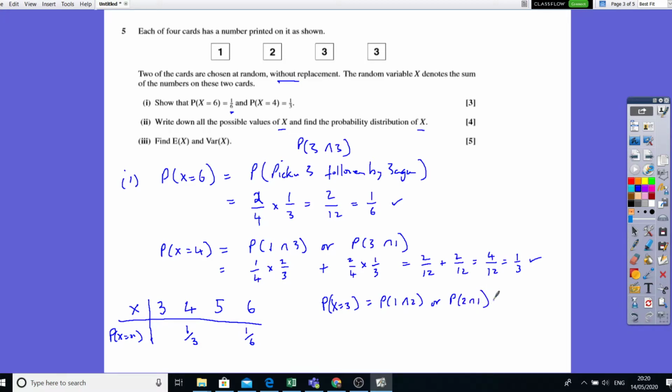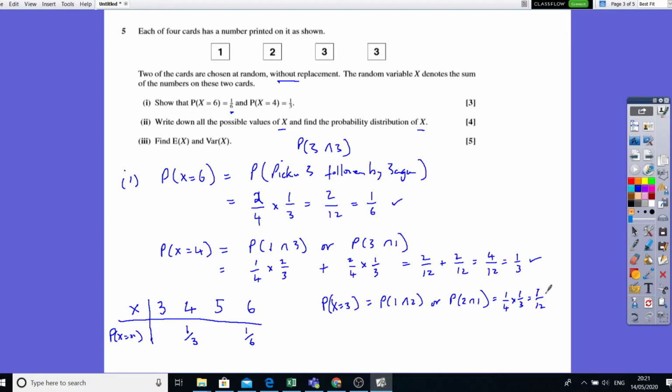Picking a 1 is 1 out of 4, followed by 1 out of 3, and this will give you the same probability as picking a 2, which is 1 out of 4 times 1 out of 3, so you've got to double this. That's 1 out of 12, and then we double it because you've got 2 ways of doing it: you could pick the 1 and the 2, or the 2 and the 1.